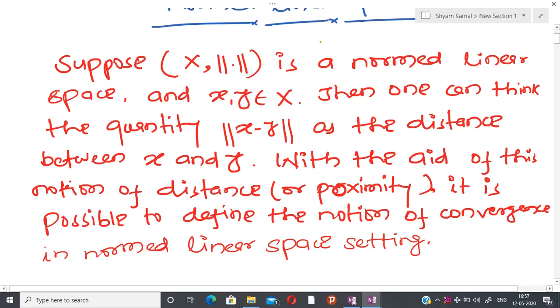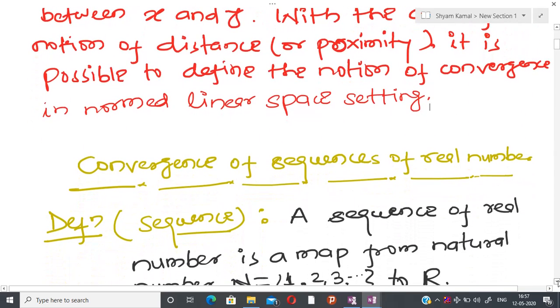So in this way, we are going to take help of the metric to see the convergence in linear space.